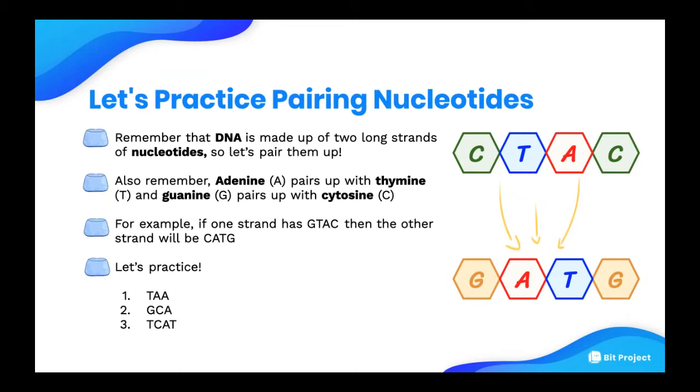You can see that C is across from G, meaning they pair together, and T is across from A, which means that they pair together. So for example, if we have one strand that's GTAC, then the other strand is going to be CATG.